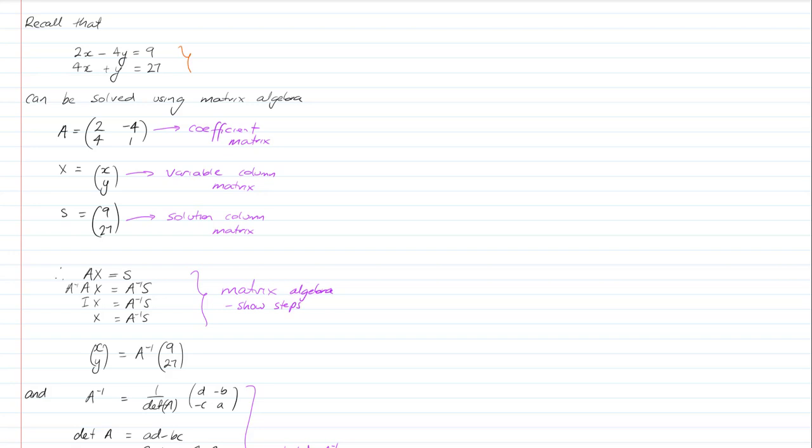So what we say is that this can be transformed to be 2, negative 4, 4, 1, and this is the coefficient matrix, times x, y, and this is called the variable column matrix.